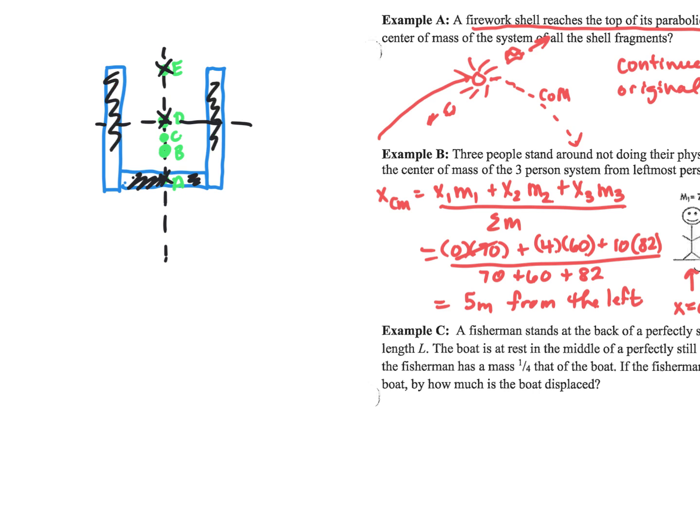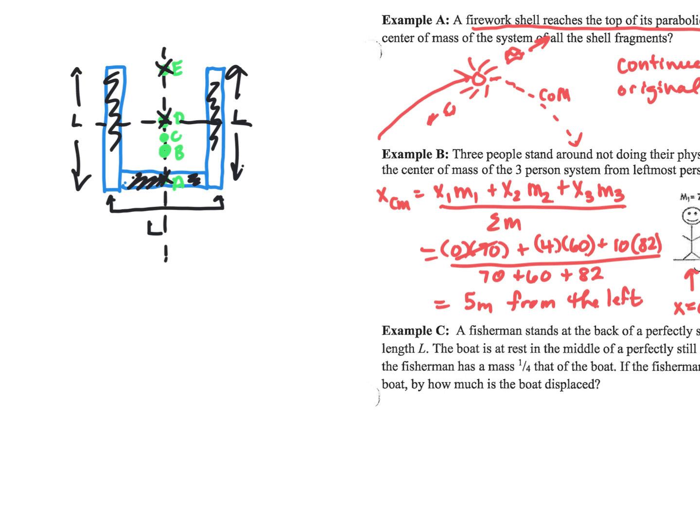So how do we figure out where it's going to be? Now, I know it's straight down the middle because one side is the same as the other. So how can we figure it out? Let's say this is a distance L, from here to here, and this is L from here to here.